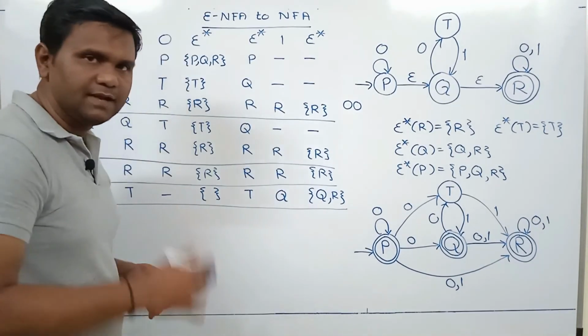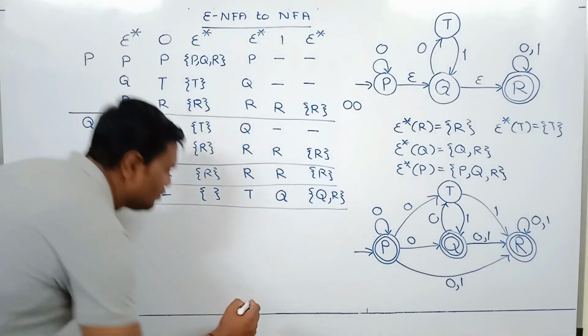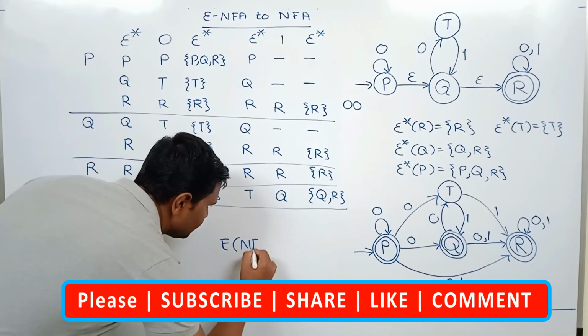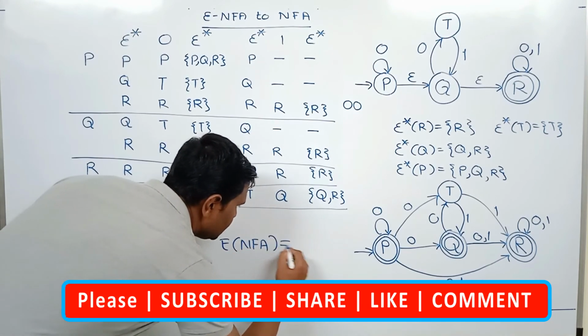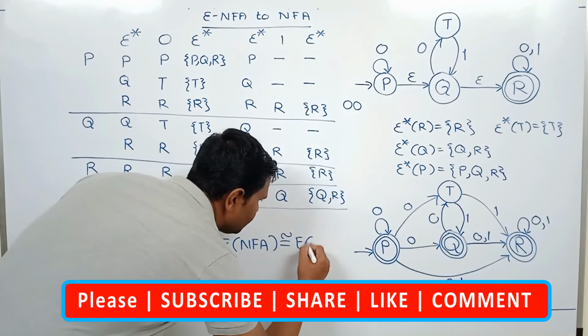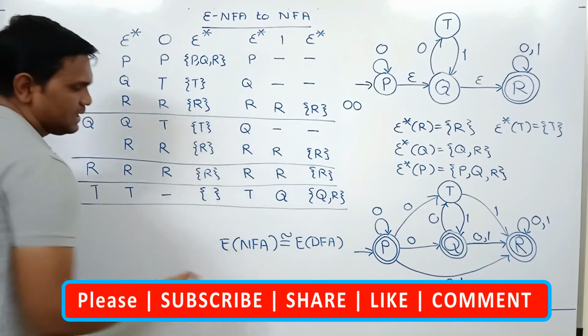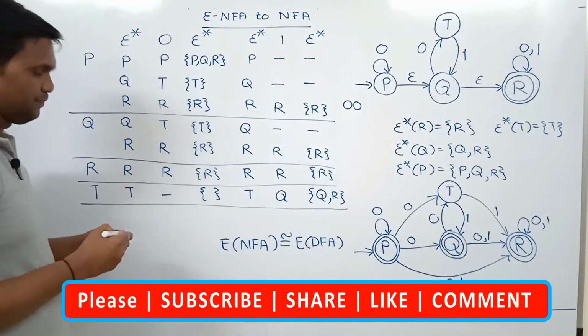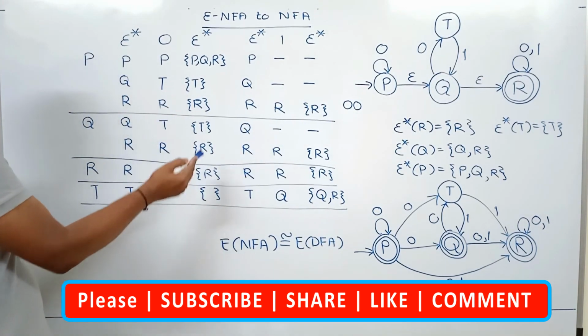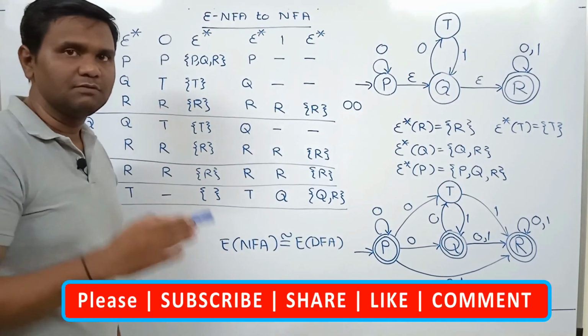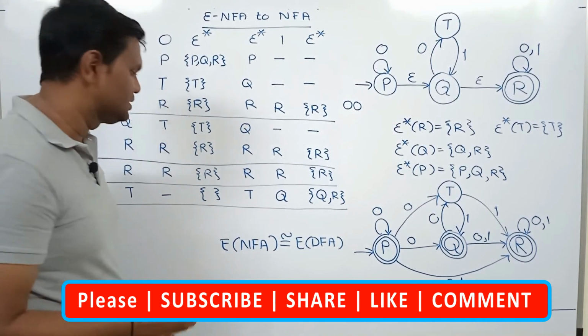When we studied NFA to DFA conversion, we studied that expressive power of NFA is same as expressive power of DFA. Here NFA is NFA without epsilon transitions. And now we have studied that for any epsilon NFA, you can construct equivalent NFA without epsilon transitions.